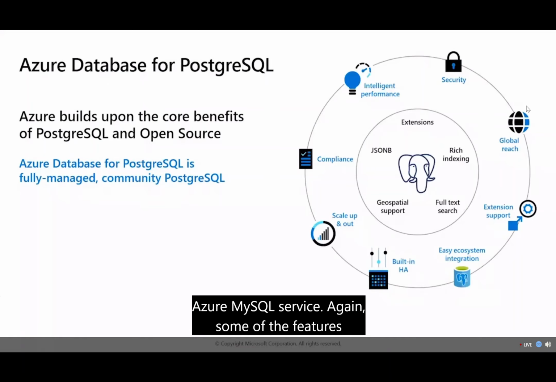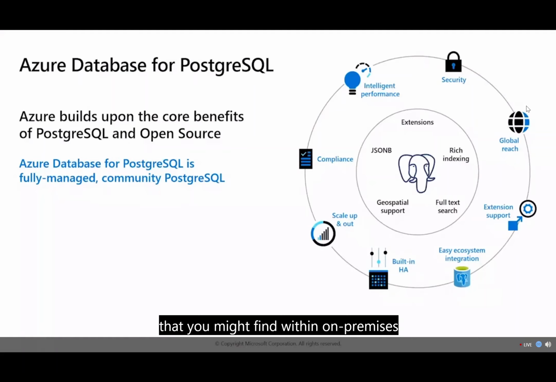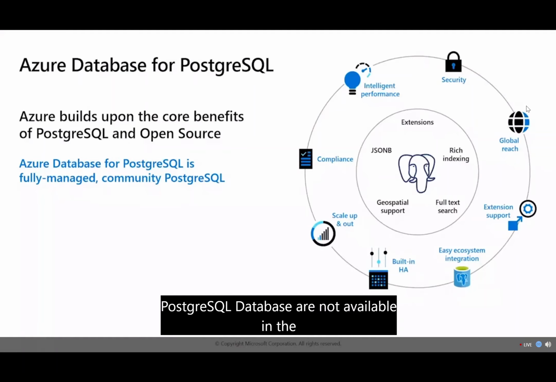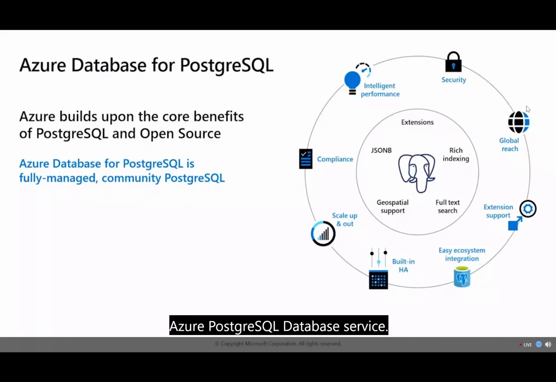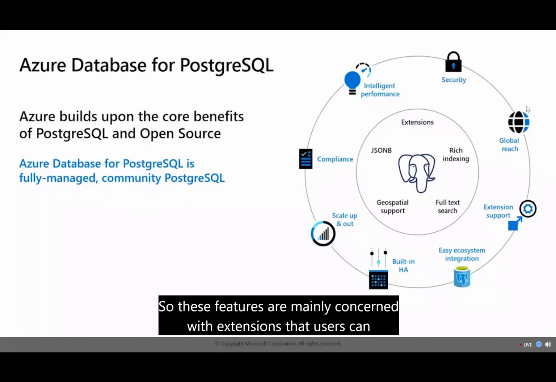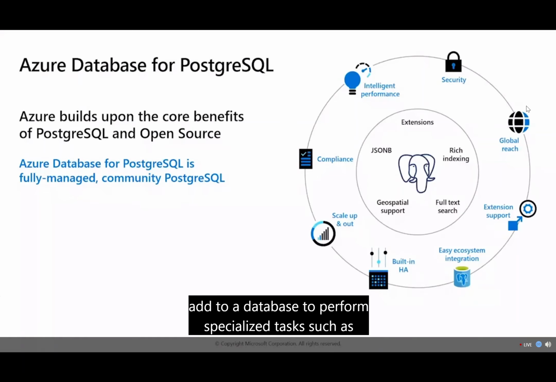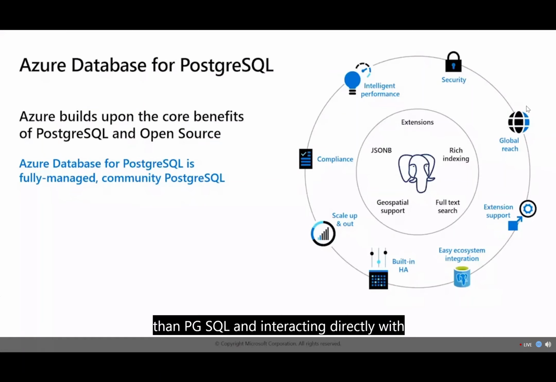Again, some of the features that you might find within on-premises PostgreSQL database are not available in the Azure PostgreSQL database service. So these features are mainly concerned with extensions that users can add to a database to perform specialized tasks, such as writing stored procedures in programming languages other than PGSQL, and interacting directly with the operating system.